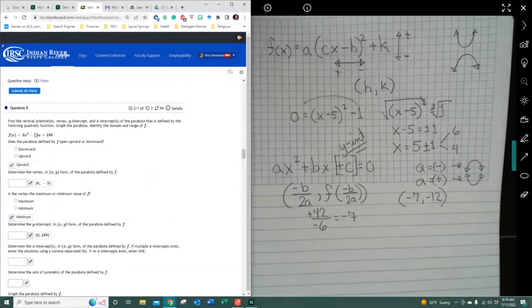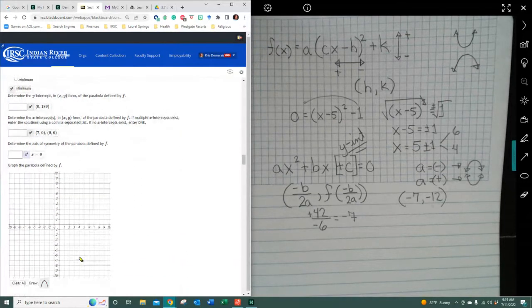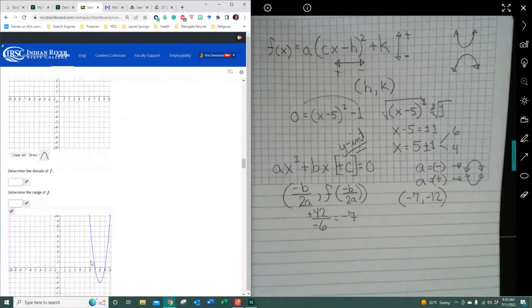The x-intercepts are where you cross over the x-axis, and you can determine that by putting it into the calculator. Your axis of symmetry is going to be the same exact value as the x value of your vertex, so x equals 8. You look at your graphing calculator to determine what the graph looks like.